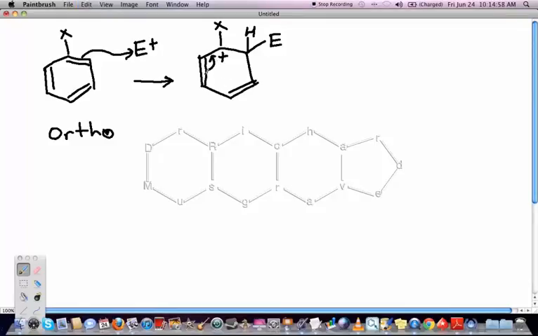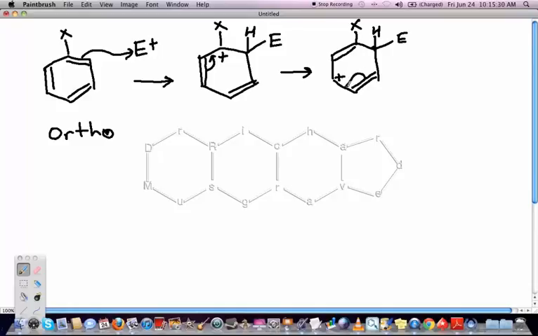So if we take two electrons out of this CC double bond and we form a new double bond here, that will have the effect of moving the positive charge down to here. So now we can see the positive charge can also be here on the ring.